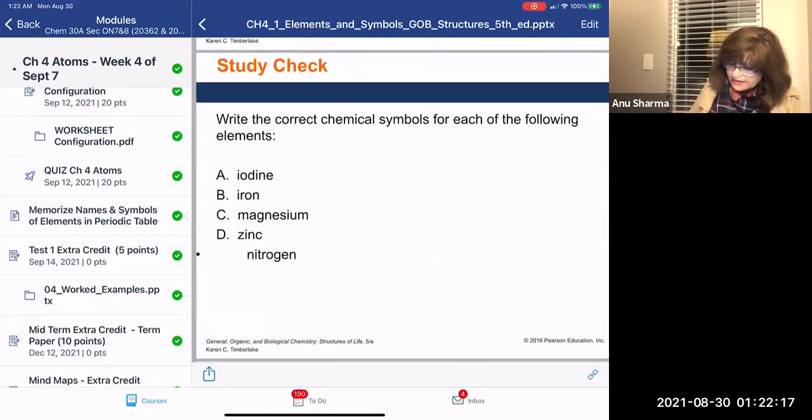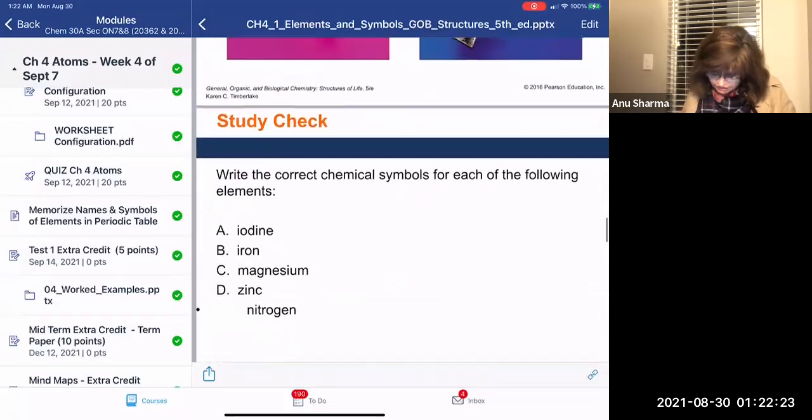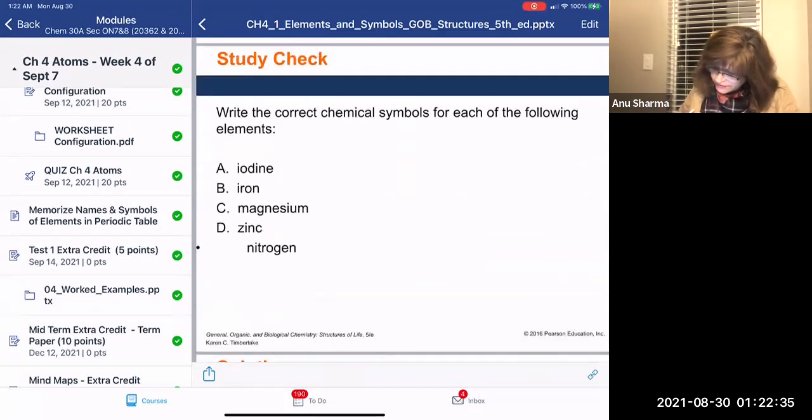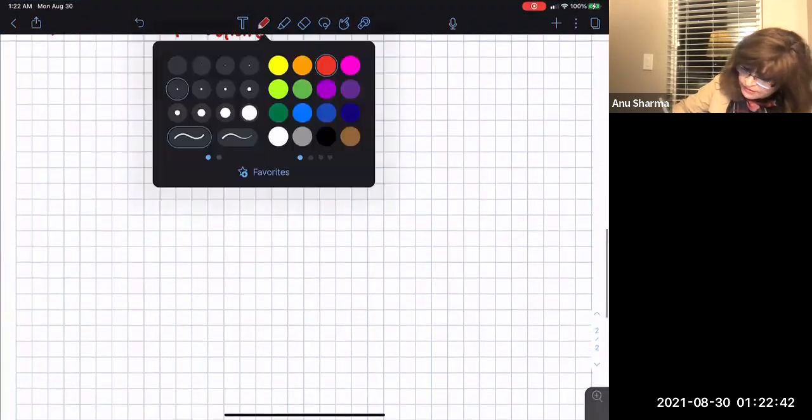So iodine, iron, let's do this. Iodine, iron, magnesium, zinc, and nitrogen. Let's do this study check here.